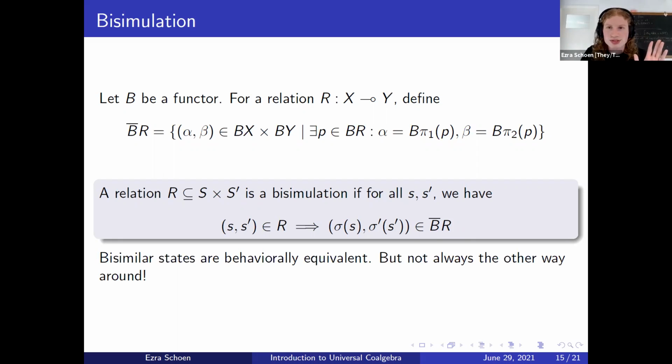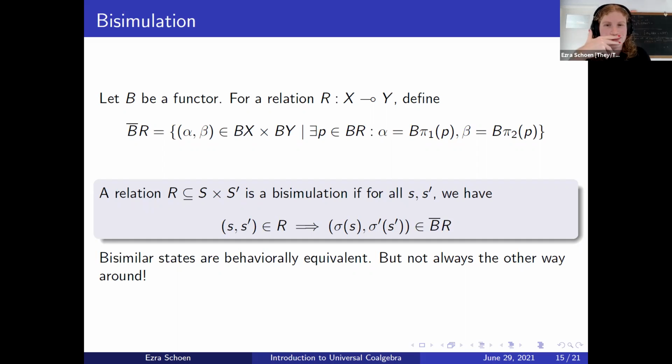On some mild conditions on your functor, the other implication works, but it doesn't work for all functors. But there are ways around it. You can tweak this definition of relation lifting in order to maybe approximate behavioral equivalence a bit better, or maybe exactly.